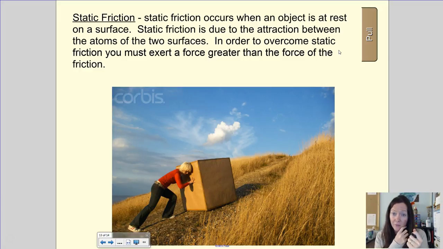Now, the more massive an object is, the more static friction you have to overcome. Sometimes if you're pushing a piece of furniture and you push and you push and it finally pops free, you've exerted a force that is greater than that static friction. Now you're experiencing sliding friction, which is less.